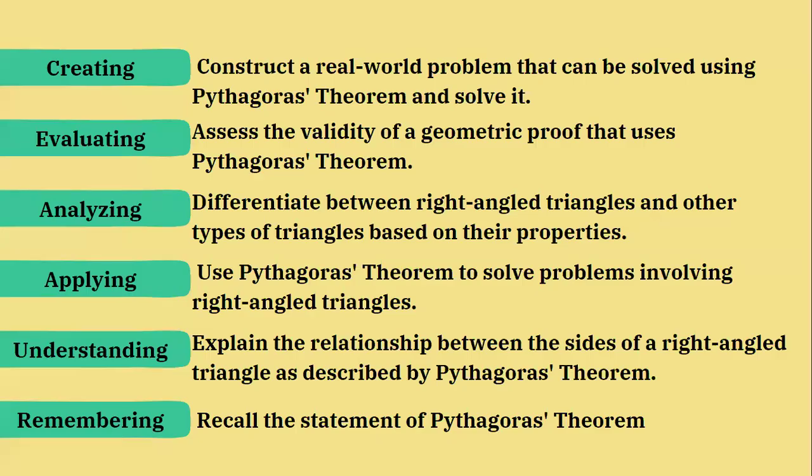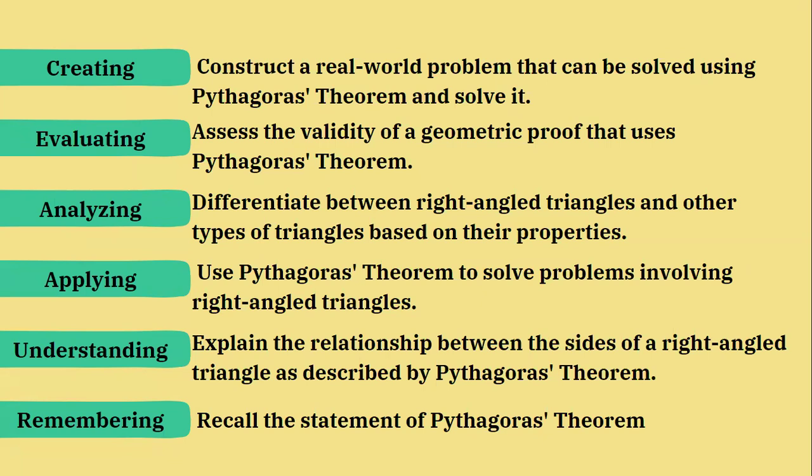Under remembering, you can see, recall the statement of Pythagoras' theorem. Then understanding, explain the relationship between the sides of a right angle triangle as described by Pythagoras' theorem. Applying means use Pythagoras' theorem to solve problems involving right angle triangles.